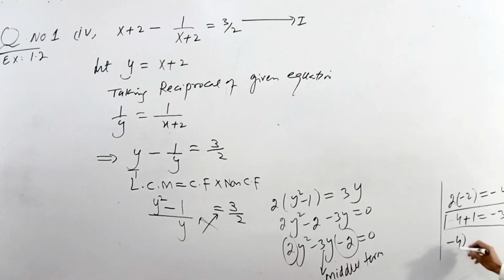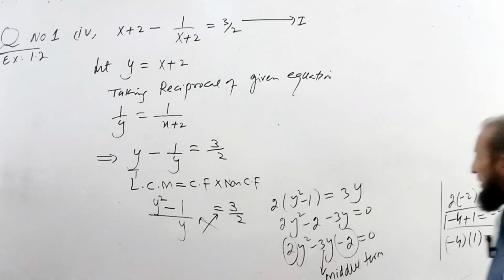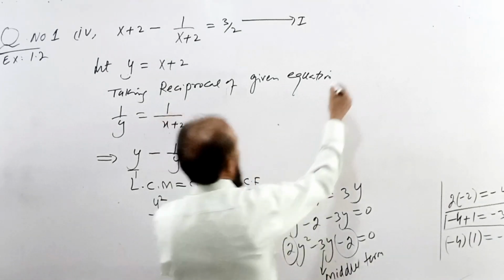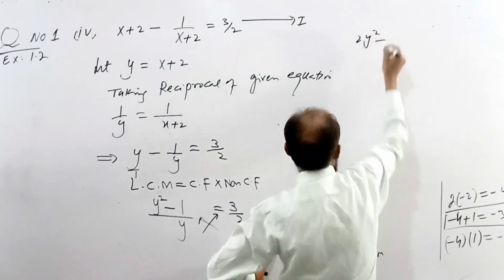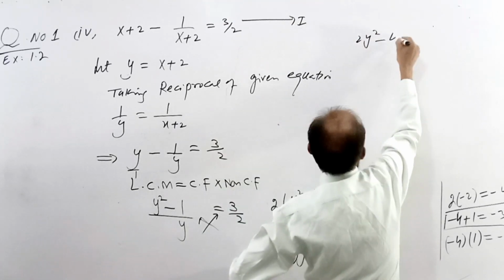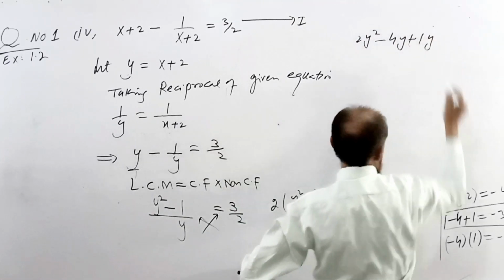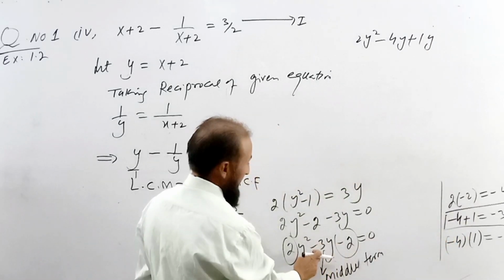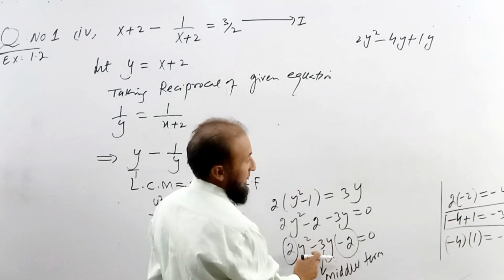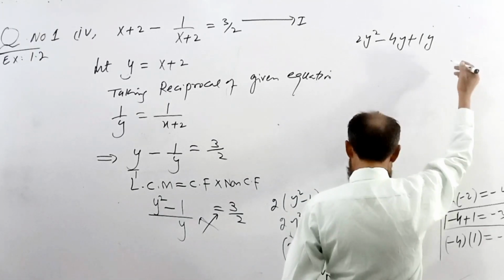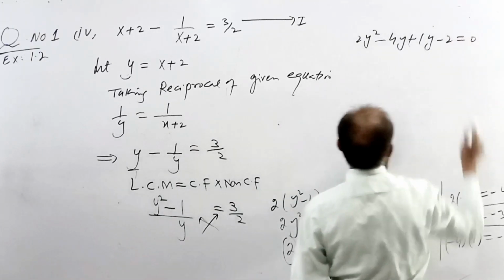So -4, the same numbers we multiply, so we get the answer -4. It means that both results are same. We can do the factorization of the middle term, -4 plus 1. We can now write 2y square minus 4y plus 1y, in the place of -3, minus 2 is equal to 0.